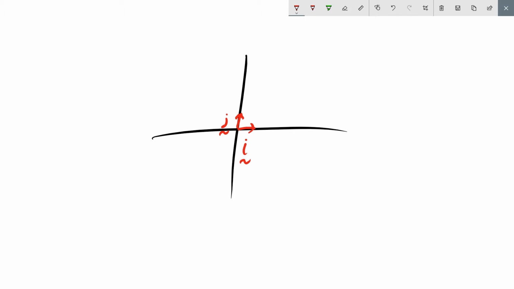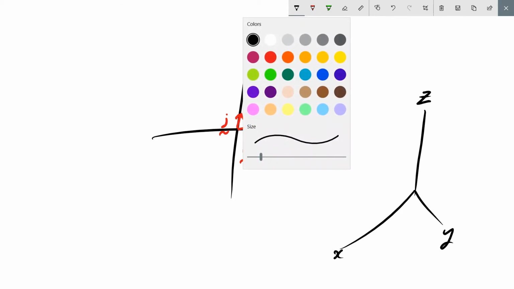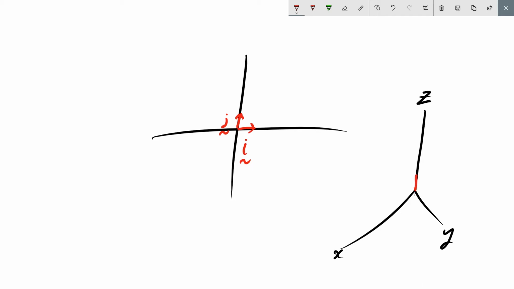And if we want to go into a higher dimension like 3D, there's my z-axis, there's x, there's y. If I move 1 unit up in the z direction, I have the unit vector k.